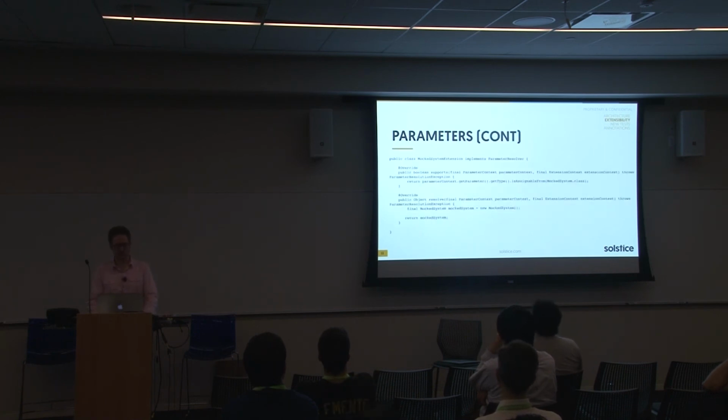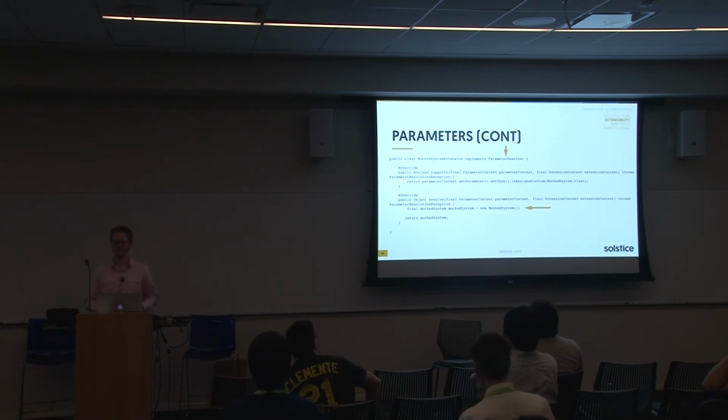In terms of what one of these extensions looks like, it implements the parameter resolver interface. And you need to implement two methods. You implement supports, which tells you exactly what types or what annotations do I accept as parameters. And then you implement resolve, which actually creates the instance of the parameter that you want to pass in.